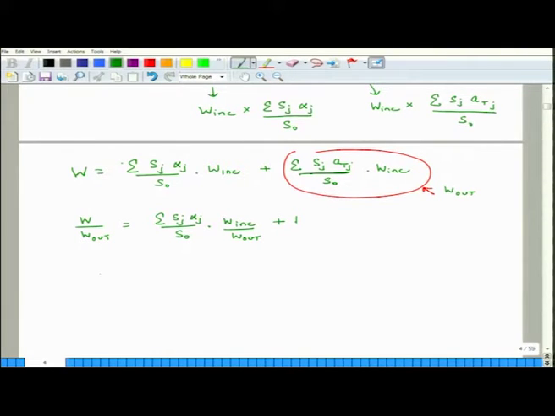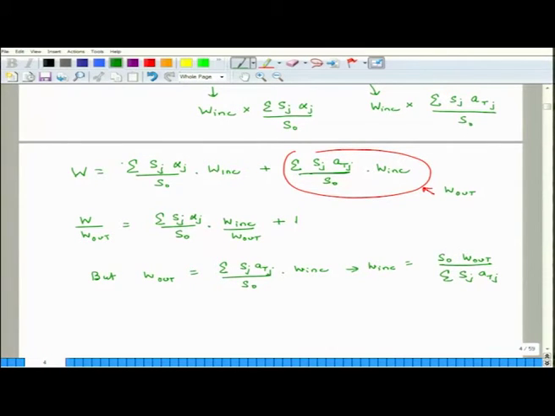But we also know that W out equals, again I am just going to write this relation, Sj ATj divided by S naught times W incident, or I can write W incident equals S naught W out divided by the sum of Sj times the transmission coefficient of the jth surface.